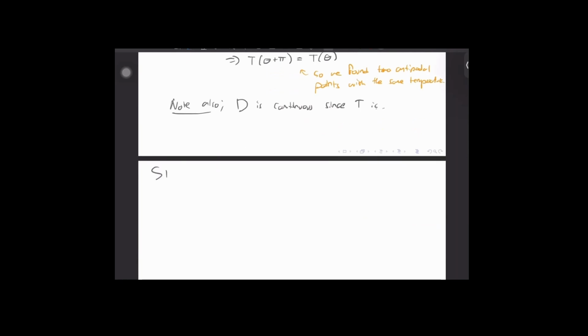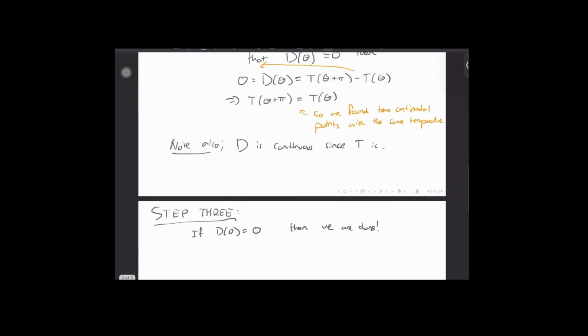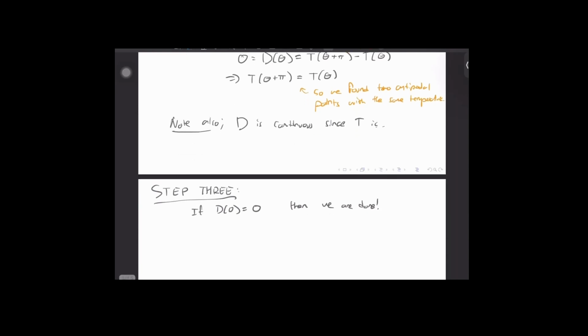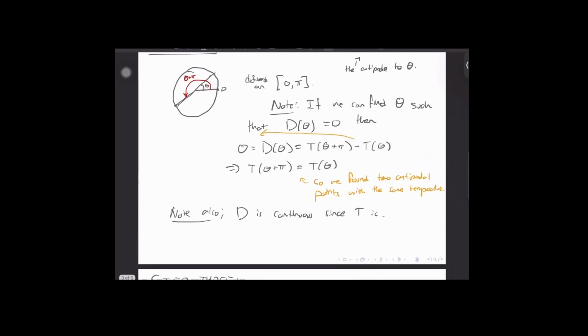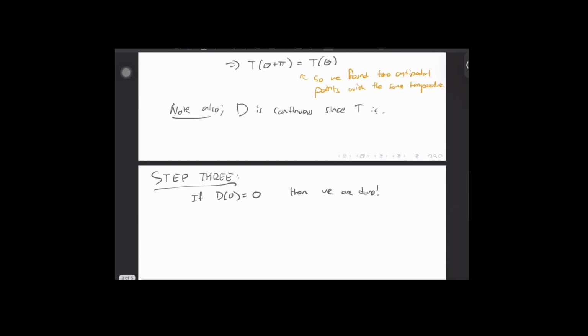Okay, so step 3, I'm going to note that if d of 0 is 0, then we are done. That's just because of what we mentioned up here. All we need to do is find one angle where d is 0. So if 0 is that angle, then the point P and its antipode up in our great circle drawing will fit the bill, and we've proven our claim.